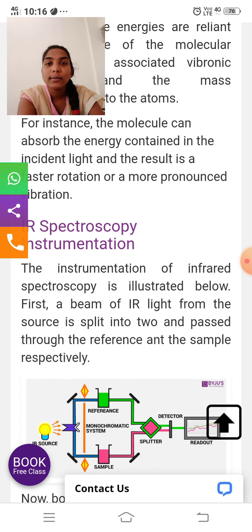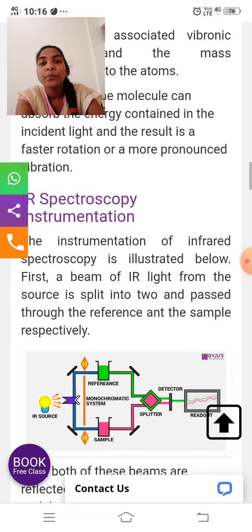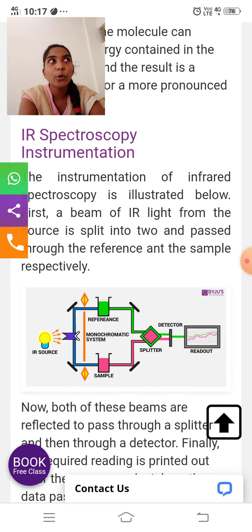For instance, the molecule can absorb the energy contained in the incident light, and the result is a faster rotation or more pronounced vibration. The next point is the instrumentation of IR spectroscopy.